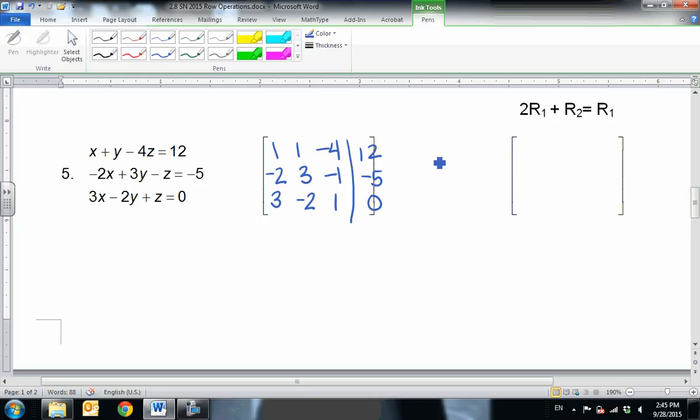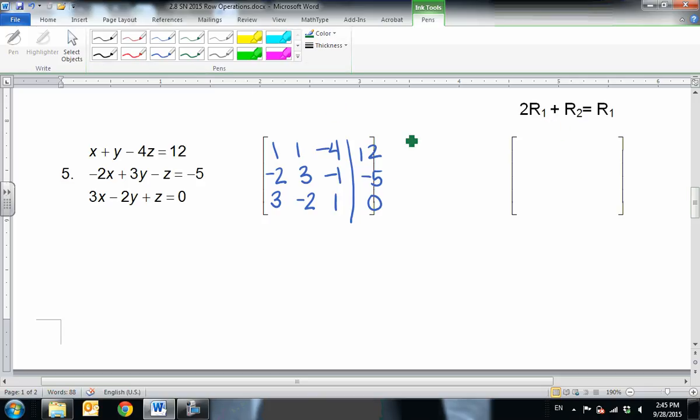Okay, so look here at what it's asking us to do. It's asking us to take 2 times row 1 and add that to row 2. And where are we going to put our answer? In row 1. Okay, so I'm going to do this 2 times row 1 part first.